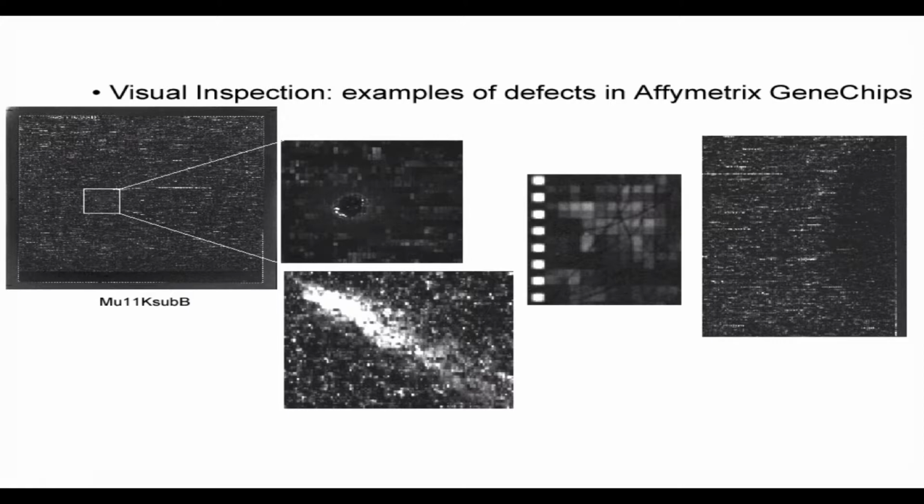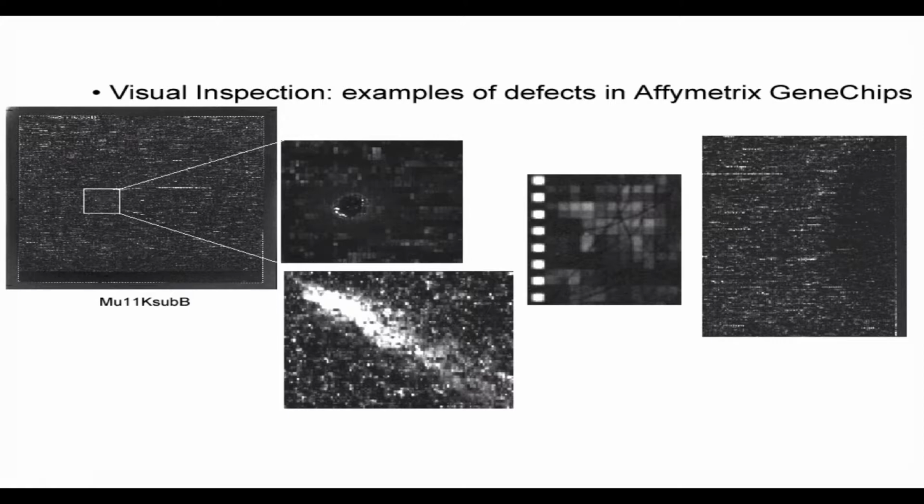The impact of the artifacts has been reduced quite a bit by randomizing the position of all the probes. There's no inherent reason why the probes need to be next to each other for the same gene, right? You've got 22 probes for each gene. Put them in random locations all over the chip.